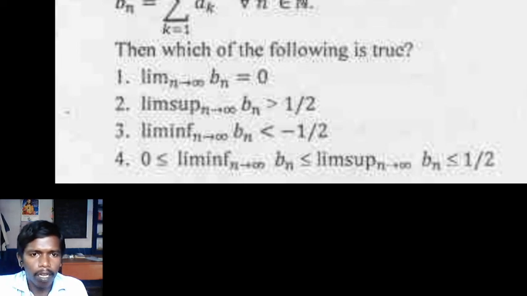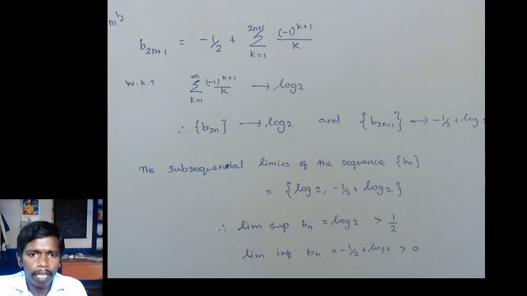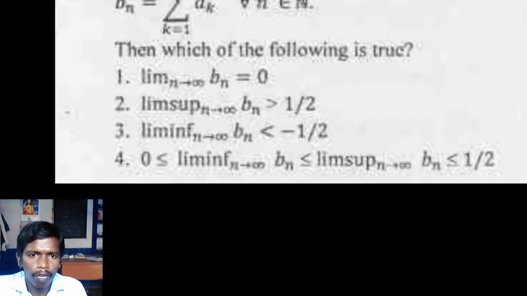The second one, limit supremum of b_n, we know is greater than 1/2, therefore the second option is right. The third one, limit infimum of b_n is less than -1/2. Actually, it is greater than 0. Just now we checked limit infimum of b_n equals -1/2 plus log 2, which is greater than 0. Therefore, the third option is wrong.